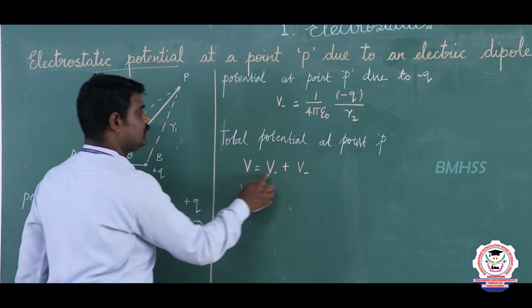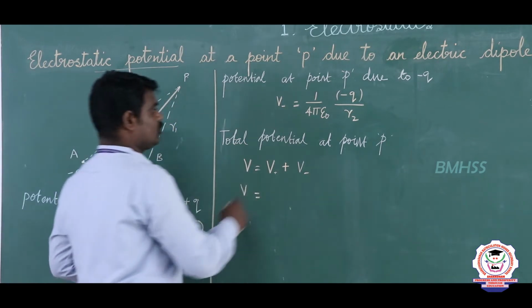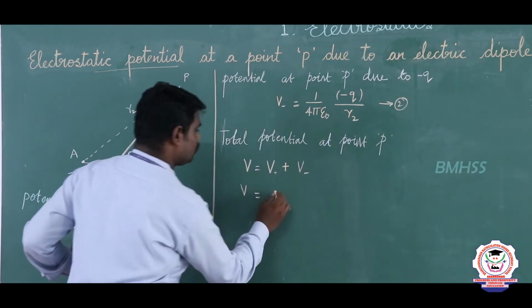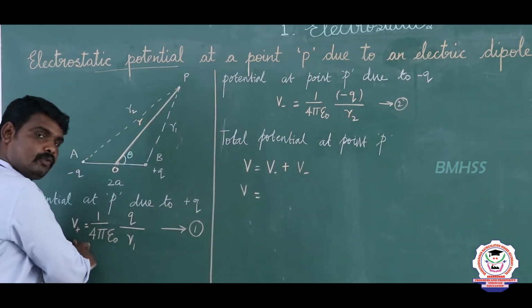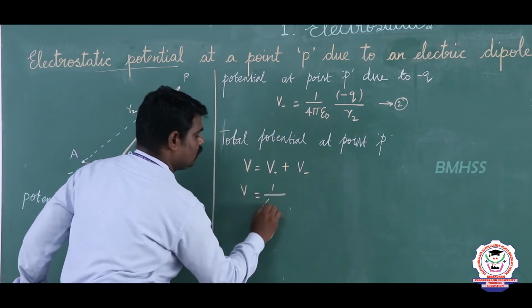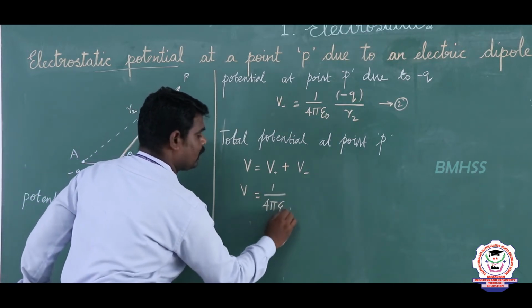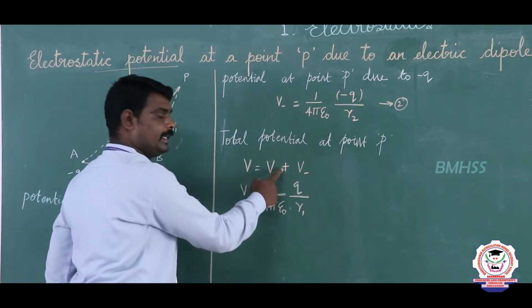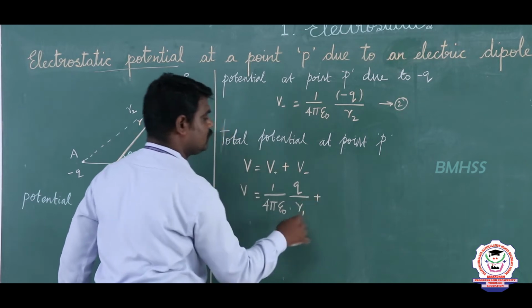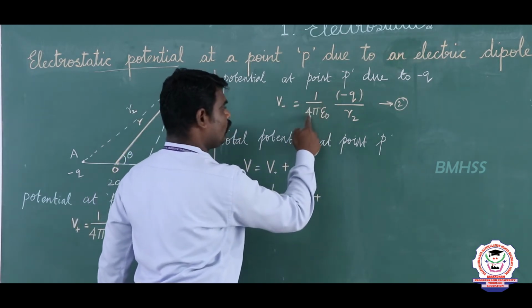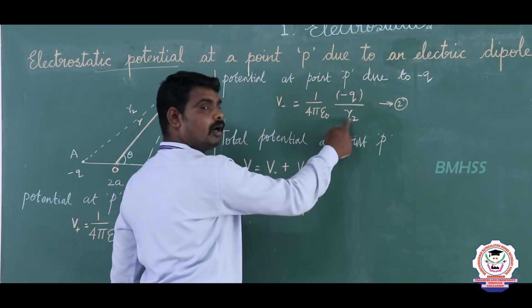Now substitute equation 1 and equation 2: V is equal to 1 by 4 pi epsilon naught q by r1, plus, V minus is minus of 1 by 4 pi epsilon naught q by r2.